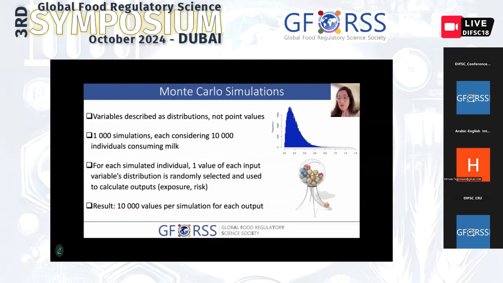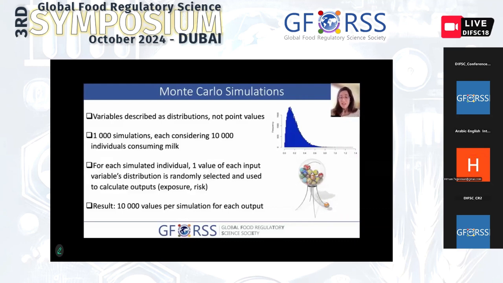So we have 10,000 exposure doses at the end, and we will use these doses to calculate 10,000 HCC risk values. And then we repeat this, actually it's not over, we repeat this 1,000 times. So we have 1,000 groups, each including 10,000 individuals.